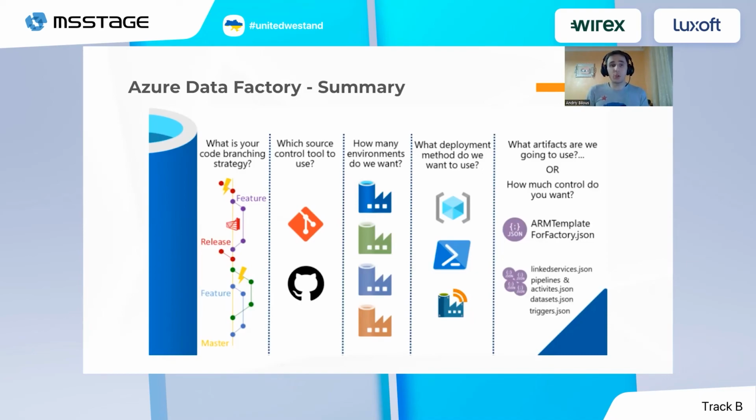So if you are going to implement Azure Data Factory for your purposes, for your business needs, you first think about what your code branching strategy is. Because if you have trunk-based development, Git flow, GitHub flow, or any other flows, the Azure Data Factory has its own flow. So you have to understand this. How many environments do you want? And what environment will be used for development purposes? If it's for development purposes, we just develop and don't deploy into it, or do we also deploy these changes to test?